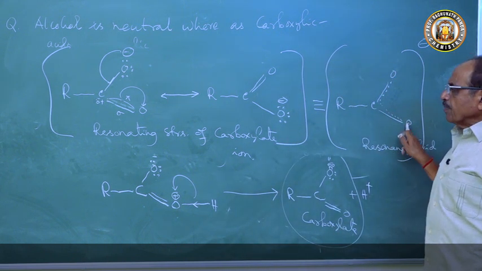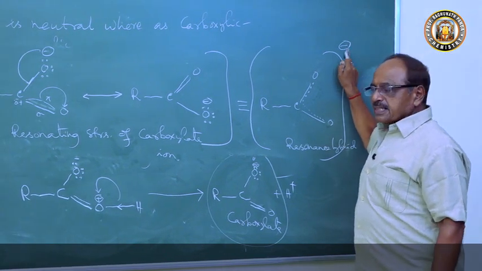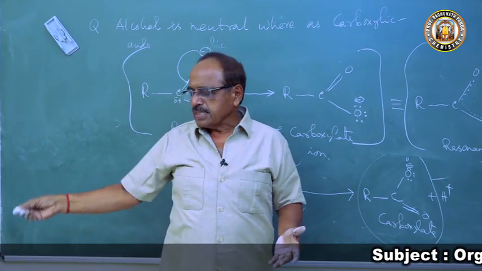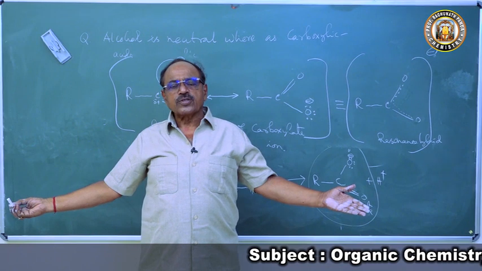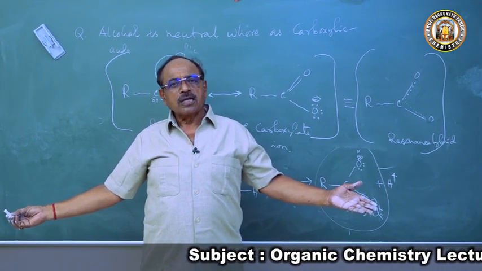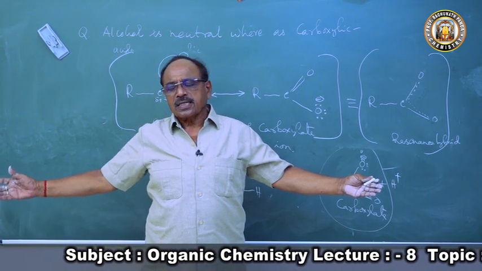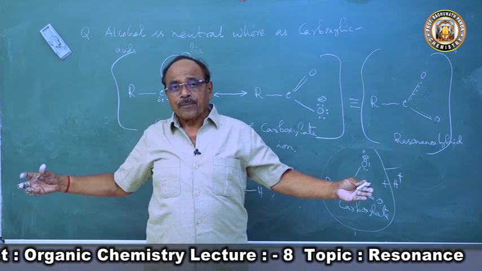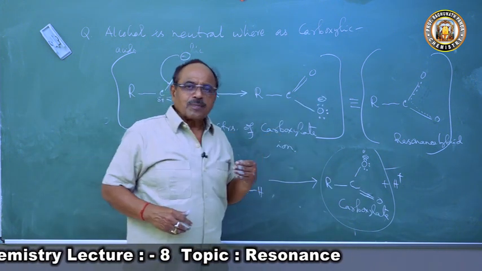So in the resonance hybrid of the carboxylate ion, the negative charge is delocalized. Just like a chalk, if I can say, this is one oxygen atom, this is another oxygen atom. Suppose the oxygen atom has a negative charge. Now the delocalization took place. This oxygen atom got the negative charge. Now this does not have the negative charge. Now proton will come. Proton has been lost, and the proton is coming to the carboxylate ion.